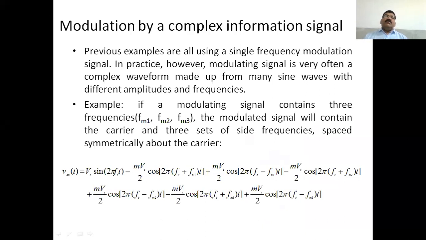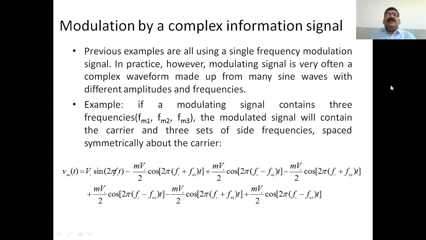If there are multiple modulating signals, as I have mentioned here, three modulating signals are there, these three modulating signals are considered. Although we have not taken a realistic example, the same sinusoidal signal we have taken for understanding, we will consider here, and we will take the example.